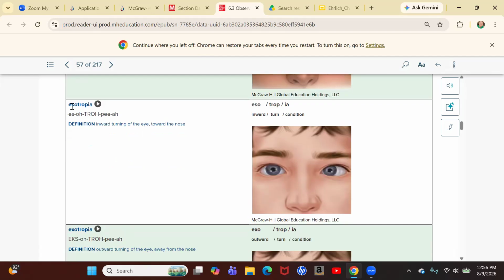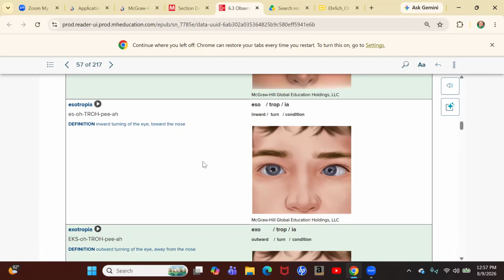Esotropia. The inward turning of the eye towards the nose. So a little more distinct than what we had earlier as far as lazy eye.